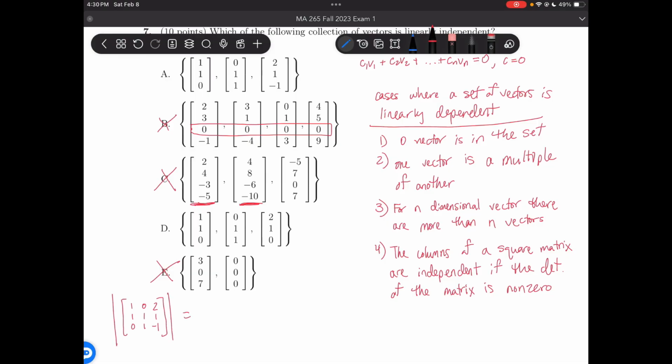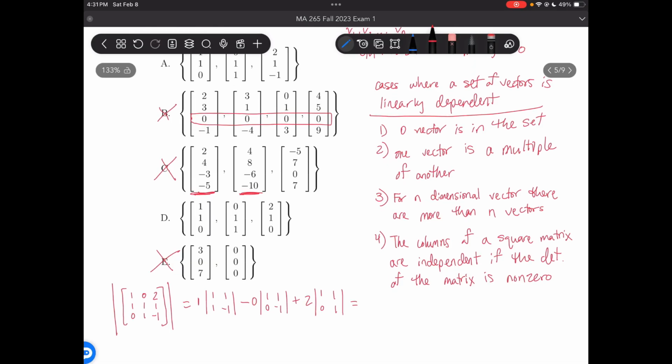Okay, so we can do cofactor expansion now, and by the determinant formula, I get 1 times the determinant of 1, 1, 1, negative 1, minus 0 times 1, 0, 1, negative 1, plus 2 times 1, 1, 0, 1.